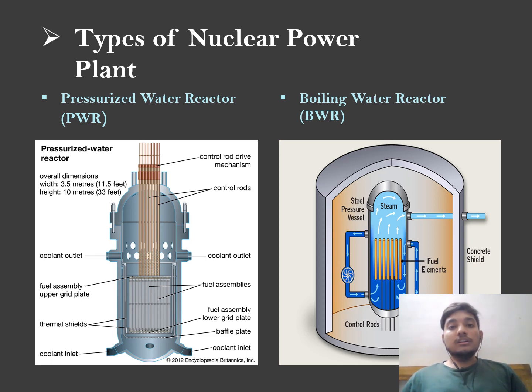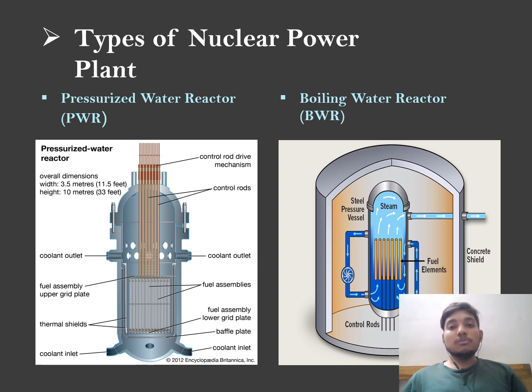The primary coolant circulates through the reactor core where the nuclear fission reaction occurs, absorbing heat in the process. The heated water passes through a heat exchanger where it transfers its heat to a secondary water loop without mixing. This secondary loop produces steam that drives a turbine connected to a generator, producing electricity.